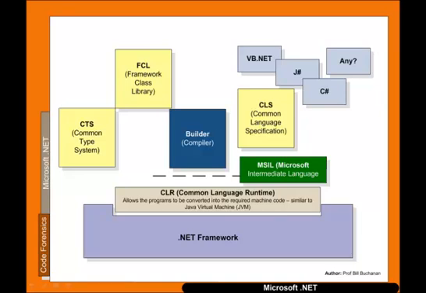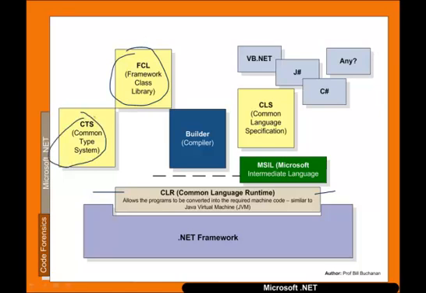Lots of advantages. We have a common runtime language, which is fairly standard across all the .NET programs. We have a common framework class library, which makes sure that all our objects are the same type, with the same specification, such as the same properties, methods, and so on.